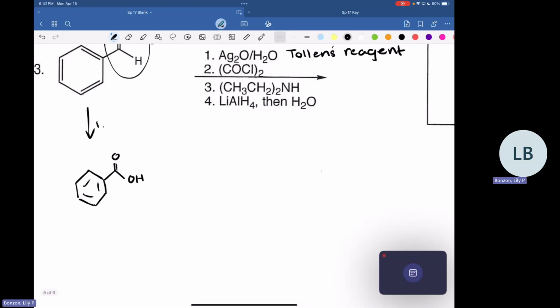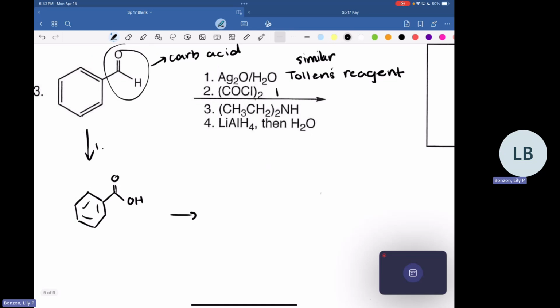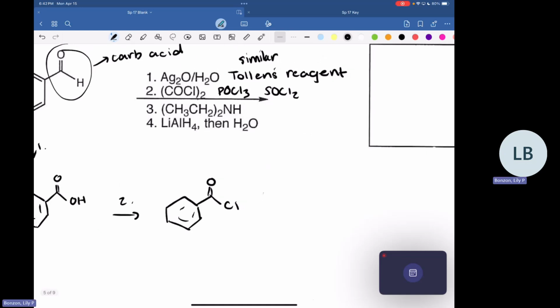And then we have COCl2. And so this one is similar to the POCl3 SOCl2 reaction. So this one just turns it into an acyl chloride. And then we have a secondary amine here.